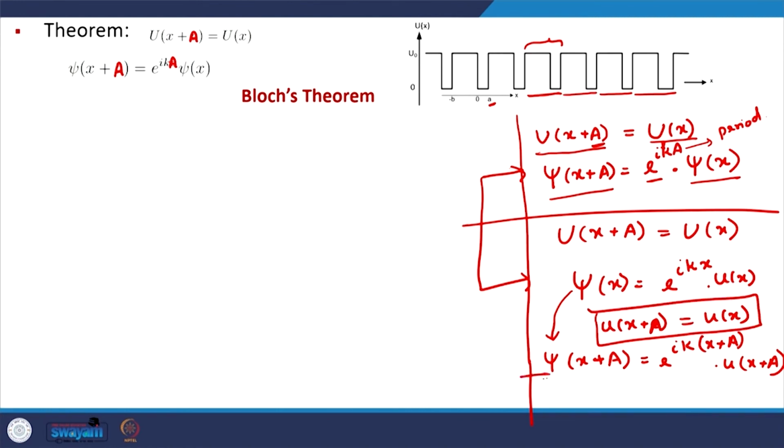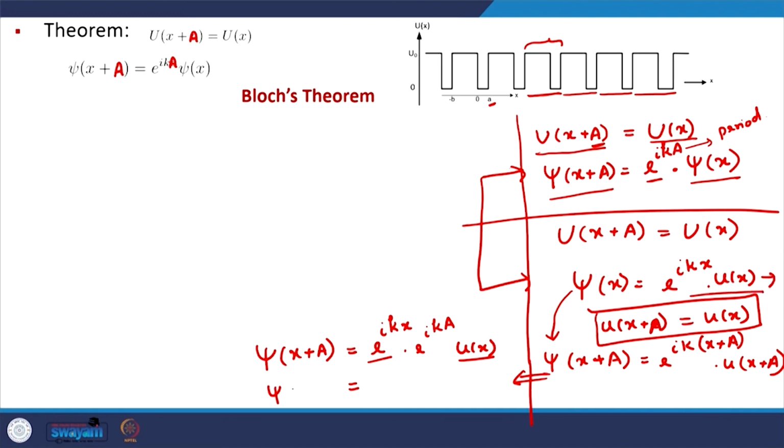So, ψ(x+a) would be exponential i k x, and let us also decompose the exponential, in place of u(x+a) we can put u(x). Exponential i k x times u(x) is basically ψ(x), as is clear from this equation.